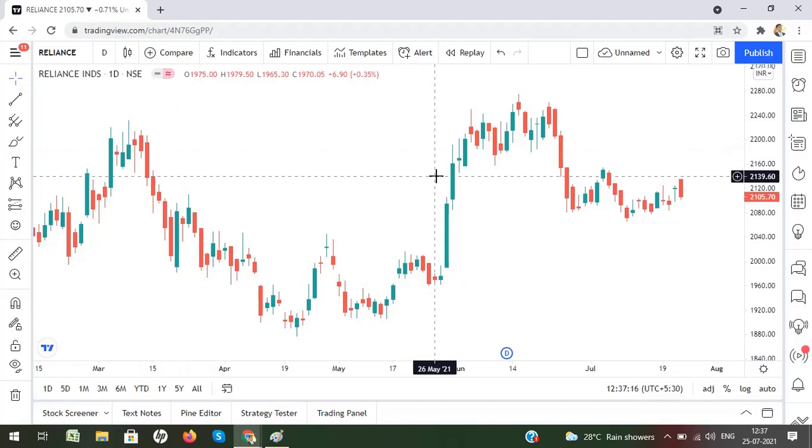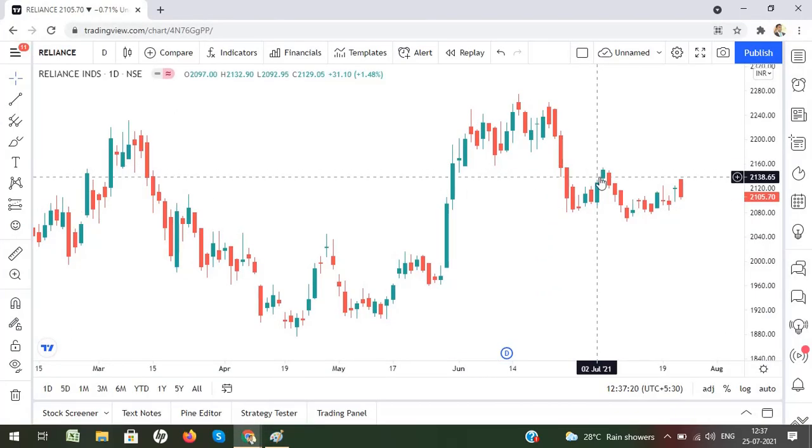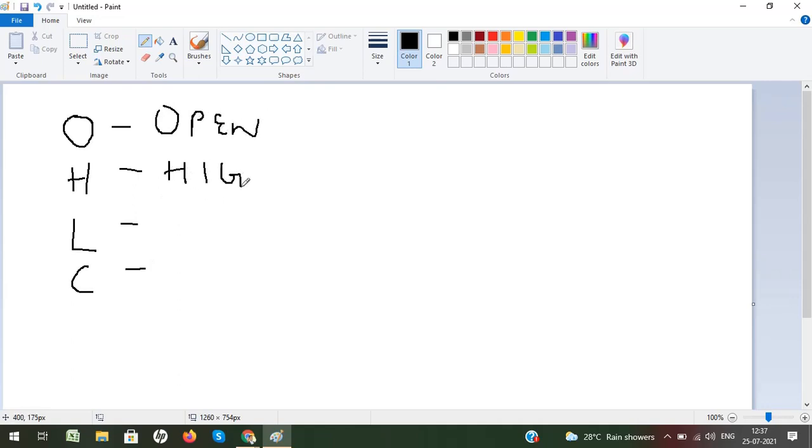Now how does the Japanese candlestick get constructed on a chart? To construct a Japanese candlestick, I need 4 price points, which we refer to as OHLC: the open price, the high price, the low price, and the close price.